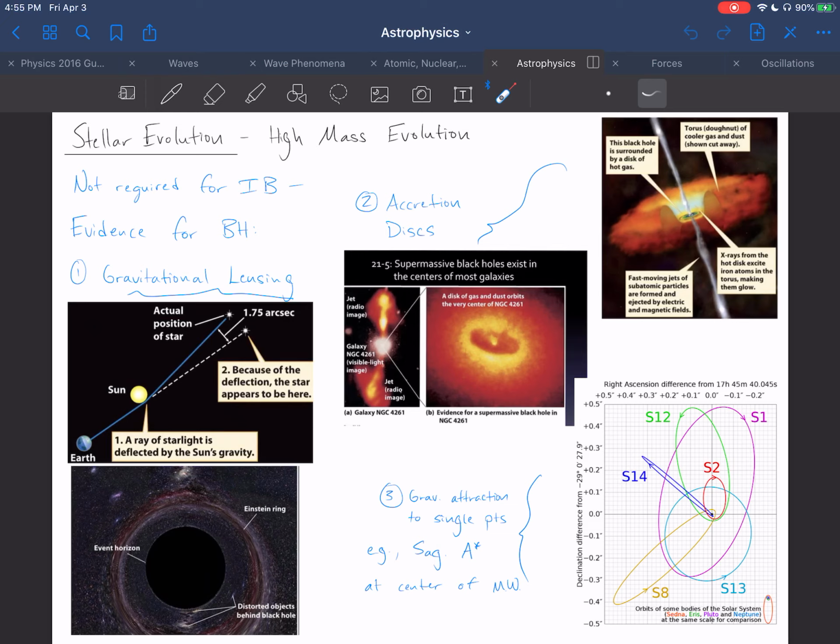The evidence for stellar mass black holes includes the phenomenon of gravitational lensing. Light, according to general relativity, can be deflected by an object of sufficient mass. And because of that deflection, the star will appear to be somewhere it is not actually, mostly because when we detect light, we cannot see that it had bent, so it appears to come from somewhere else.